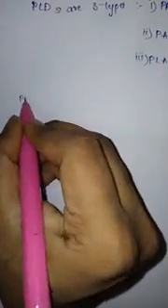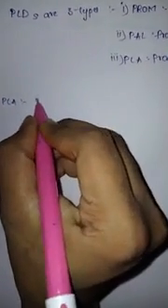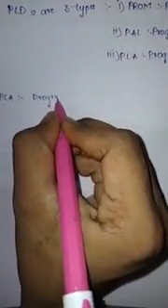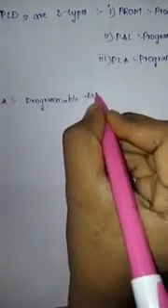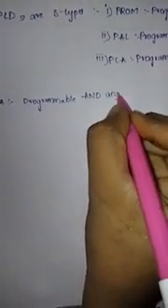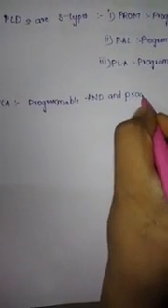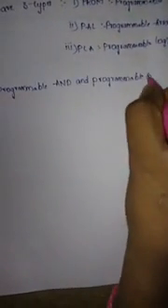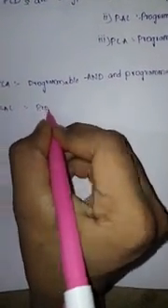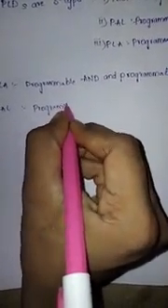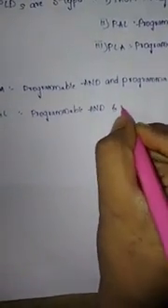In PLA, we use programmable AND and programmable OR gates. But in PAL, we use programmable AND arrays and fixed OR arrays.